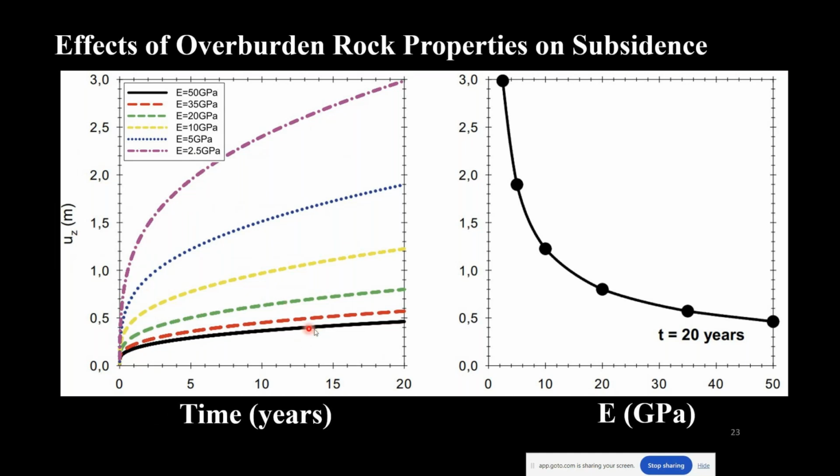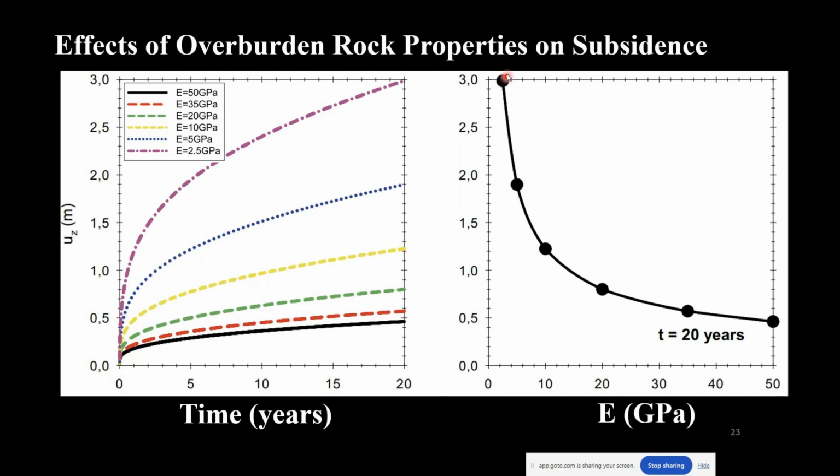So here, because the differential stresses in the pillar are reduced and the load is transferred to a much larger area, we have a much smaller differential deformation rate over time than when we have for 2.5, a relatively weak overburden rock. And then we can see that the influence of the overburden rock properties on the deformation rates can be incredibly large.